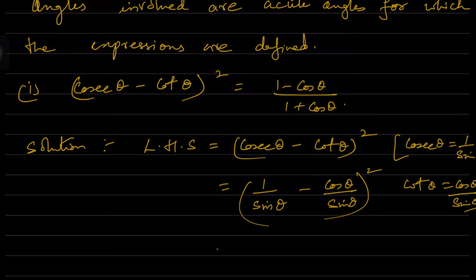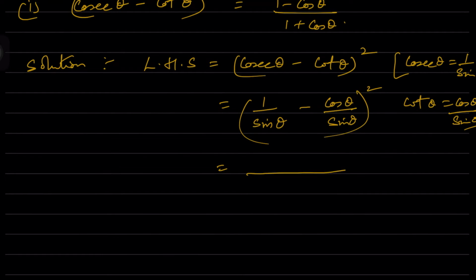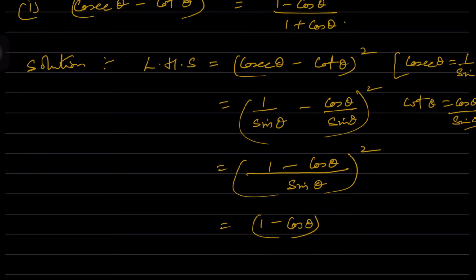Now if you are taking the LCM over here, the LCM is sine theta. So here you are getting 1 minus cos theta, and this whole thing is squared, which is equal to 1 minus cos theta into 1 minus cos theta by sine square theta.